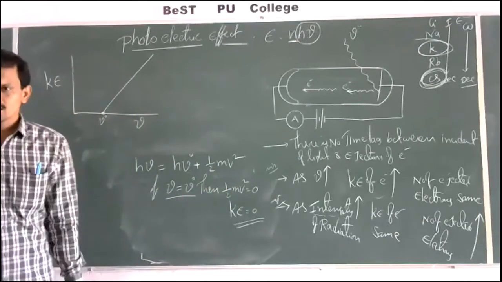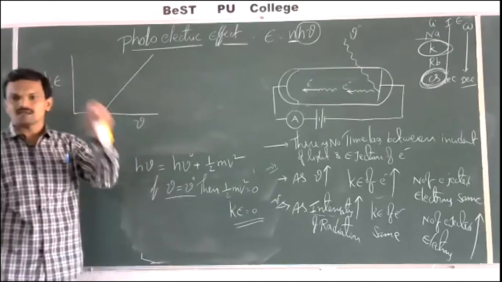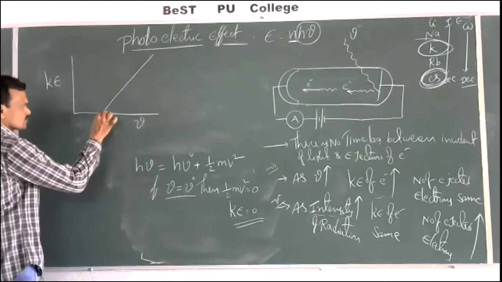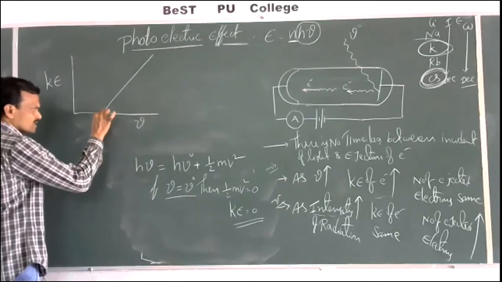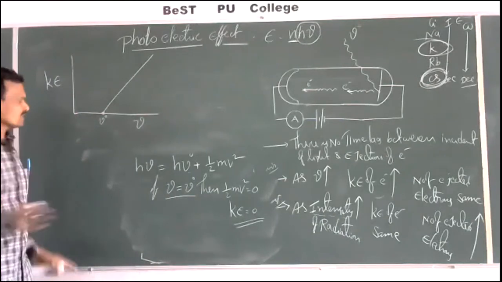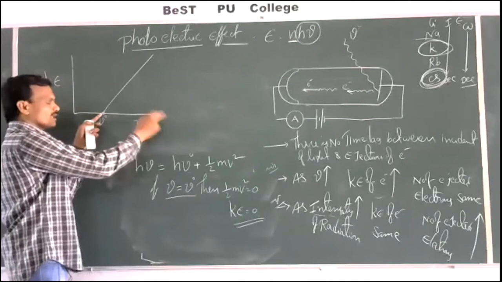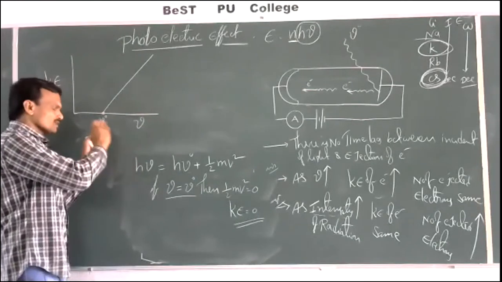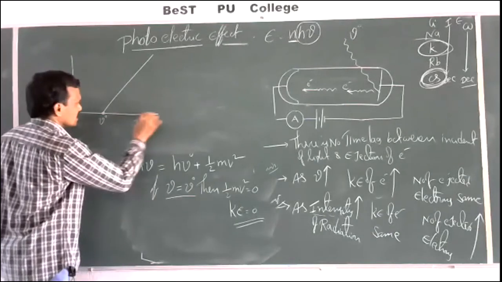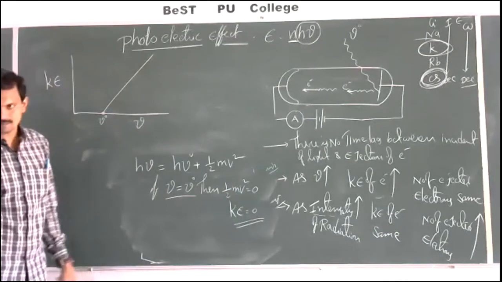That means if the incident light is at the threshold frequency, the electron will be ejected with 0 kinetic energy. If the frequency is more than this, the electron will eject and some energy is converted to kinetic energy. As frequency increases, the kinetic energy of the ejected electron increases.